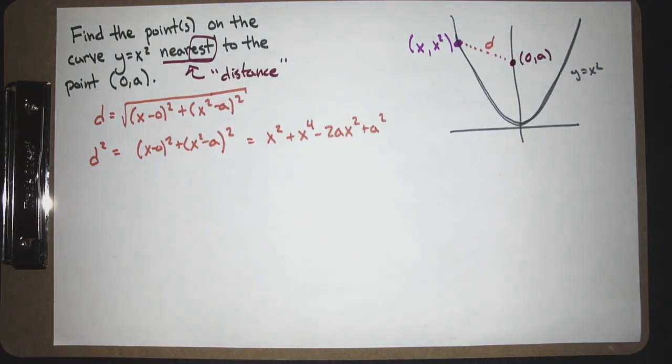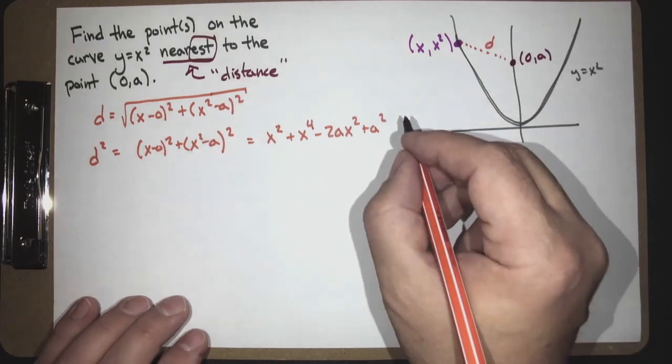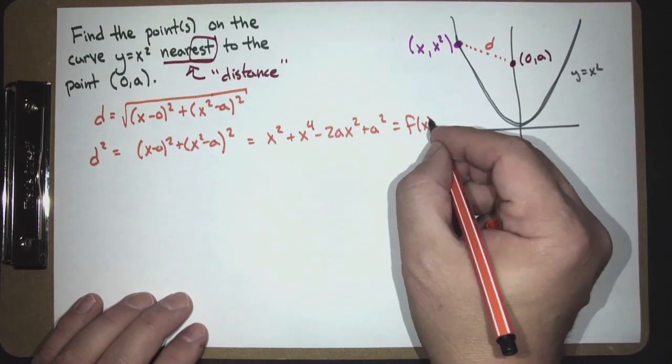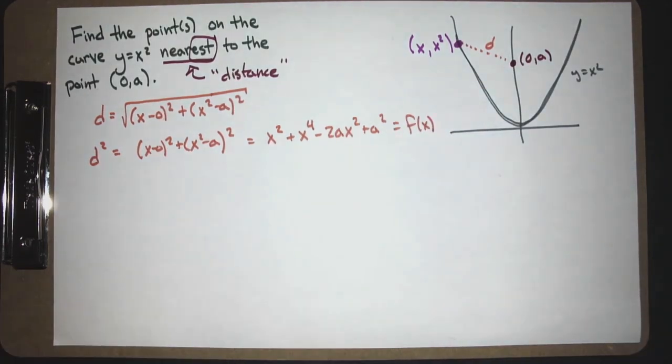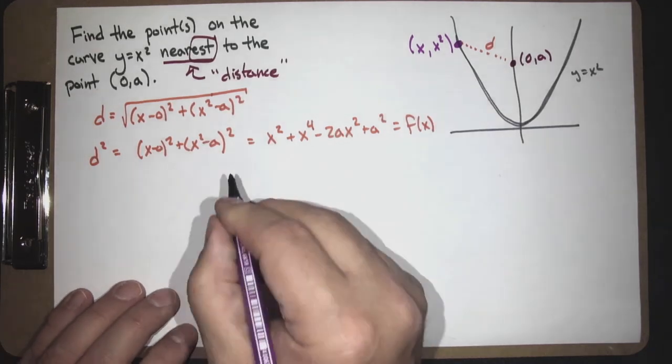Okay, so we've gone down to a single variable. We'll call this f of x for lack of a better name. What would be the next step? Yeah, take a derivative. The good old take a derivative trick.